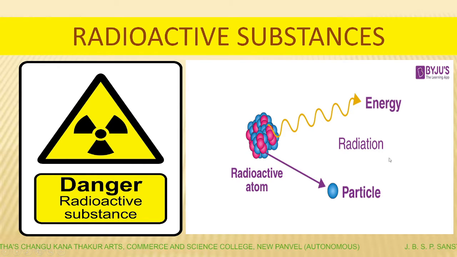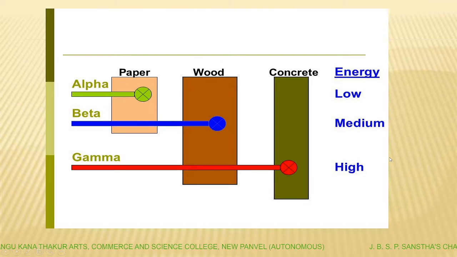There are three kinds of radiation generally seen from radioactive substances: alpha, beta and gamma. Alpha radiations are not very penetrative, but they can cause skin cancer if released in the environment.